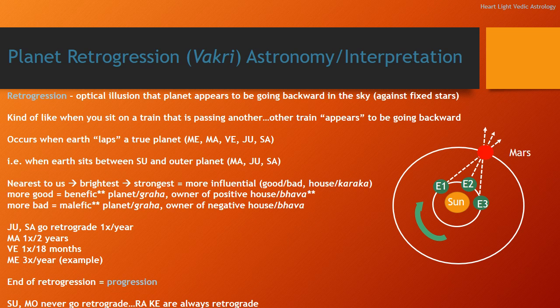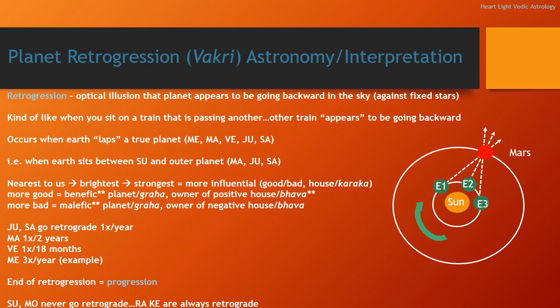So, what also helps us decide if there's going to be a positive effect or a negative effect? The more positive effect you're going to see is if it's a benefic planet or Graha, right? I have a whole video on what's benefic and malefic planets or Grahas because it depends. Some of them are clearly negative and some are positive, but some switch, like Moon and Mercury switch, and I go into when they switch.